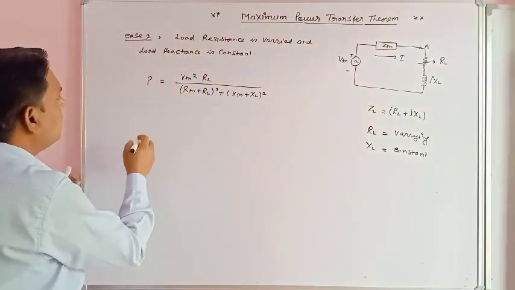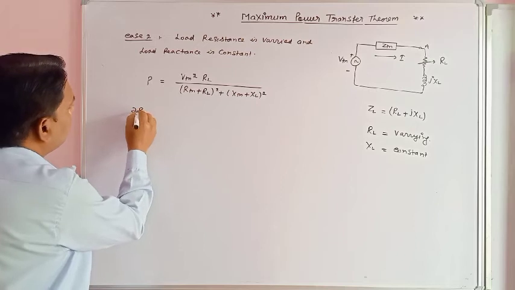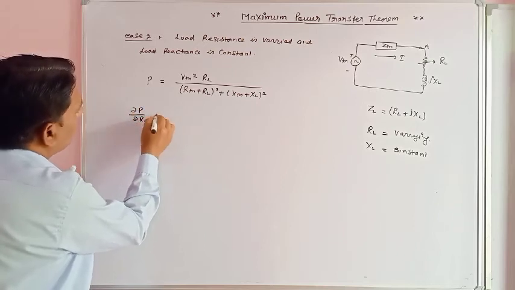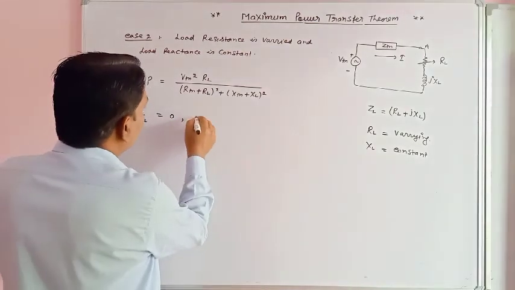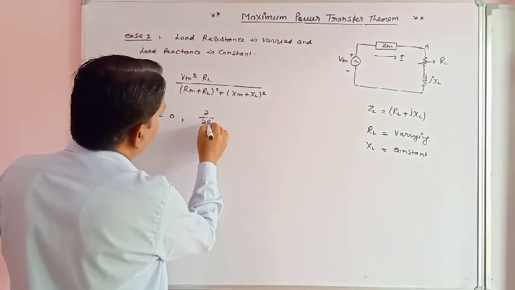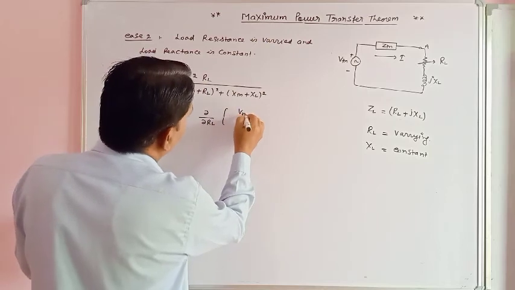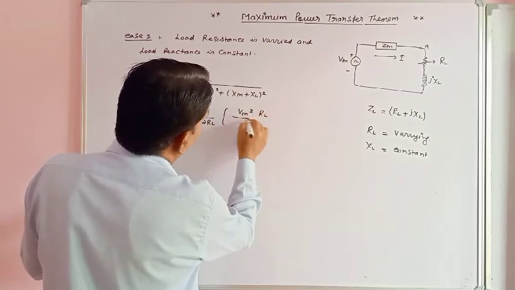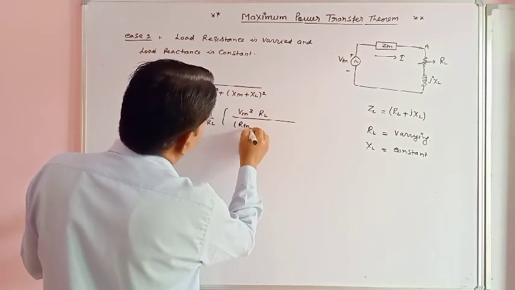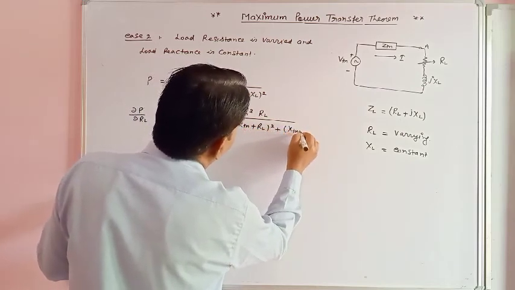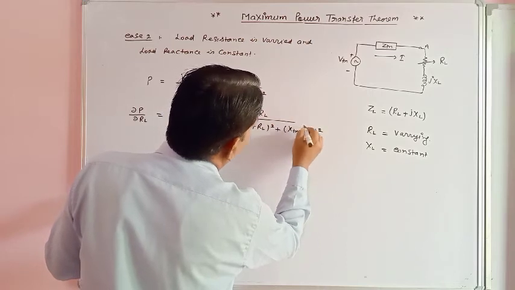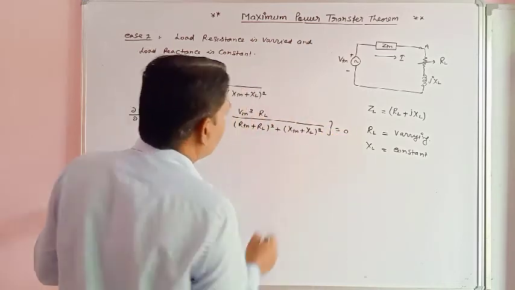So we will apply del P upon del RL equal to 0 for maximum power transfer. So del upon del RL of VTH square RL upon RTH plus RL to the whole square plus XTH plus XL to the whole square should be equal to 0.